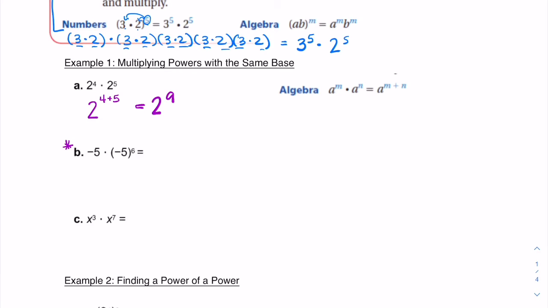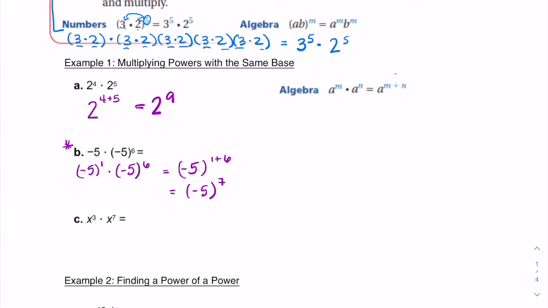Si usted no ve un exponente al lado de su base, okay, es porque solamente tengo 1. So this I'm going to rewrite. This is going to be -5 to the 1st power times -5 to the 6th. Usar la regla -5, 1 más 6. And then that's going to give me -5 to the 7th.